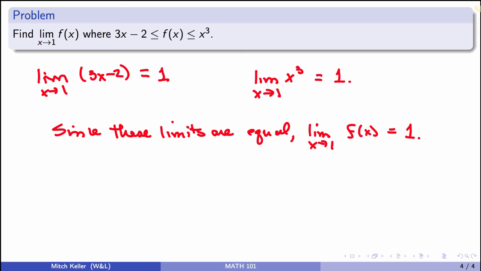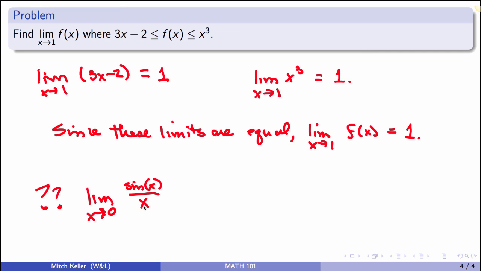In class, what we're going to do is take a look at how we can use the squeeze theorem to get at the question of what's going on with, so our big question is going to be, the limit as x approaches 0 of sine of x over x. Notice my numerator, sine of 0, 0.